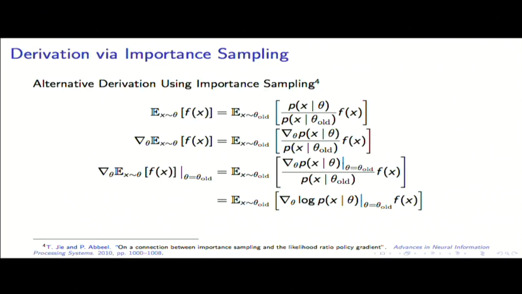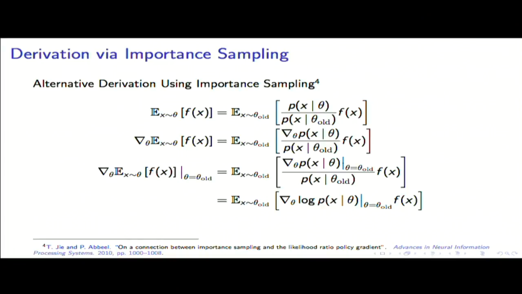With the importance sampling estimator, we can write down an expectation under one distribution using an expectation from another distribution. So first we have the distribution with parameter theta, and we write it in terms of the distribution with parameter theta old by introducing this ratio of probabilities. Now our parameter only appears inside the expression, not in the distribution.